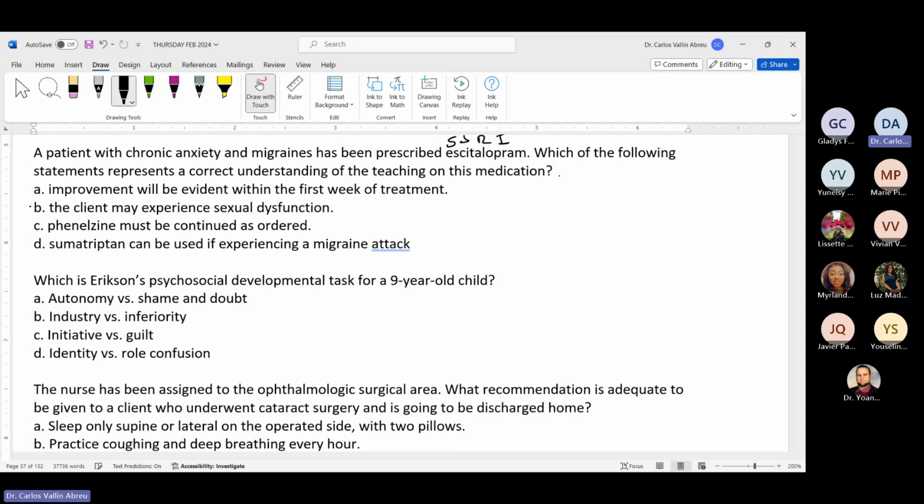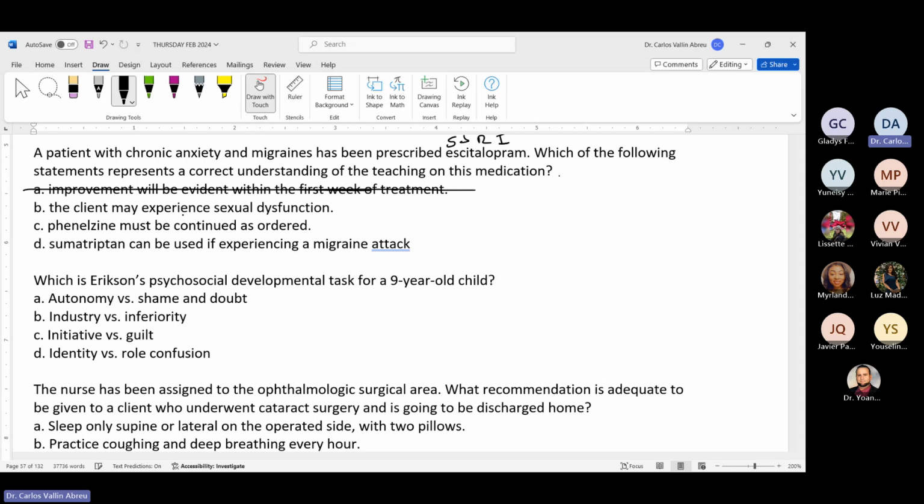So what is correct? Improvement will be evident within the first week of treatment. This is incorrect. It is too soon. You need to explain to clients that this kind of medication produces an effect after a while, usually 3-4 weeks after initiation. So this is not correct.